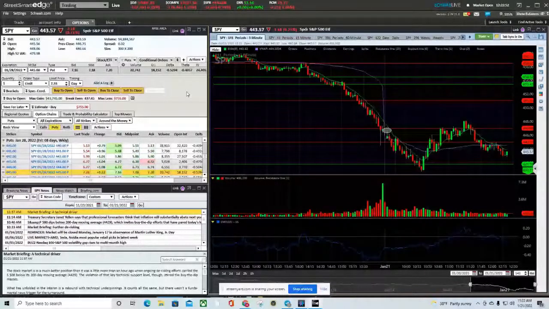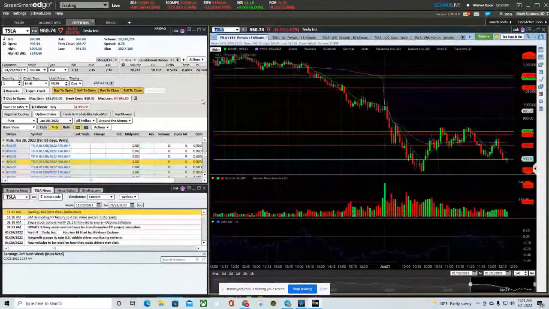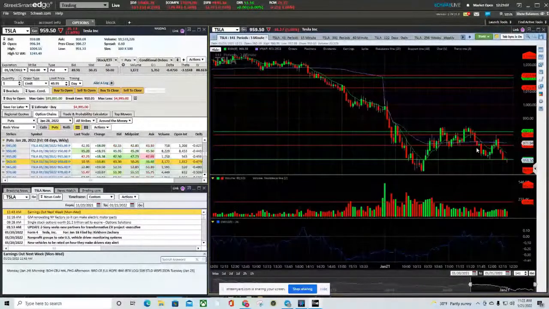So let's go back and look at Tesla. Let's just say you want to take a trade on Tesla and you want to do a put option, and it's currently at 960, and you think it's going to go to 950 or lower.